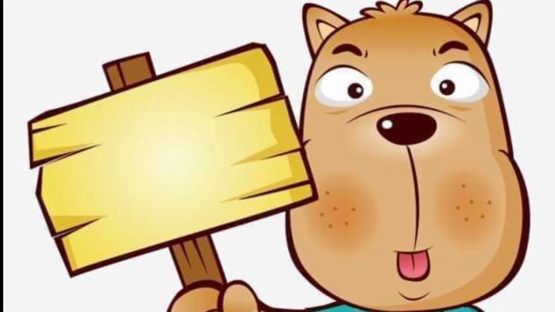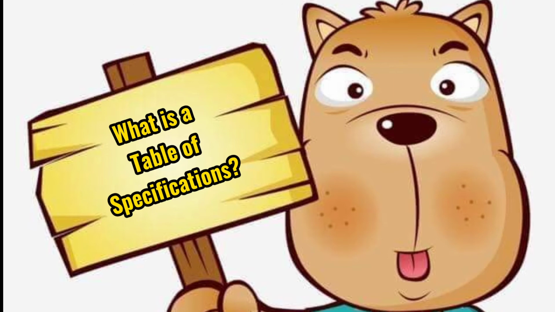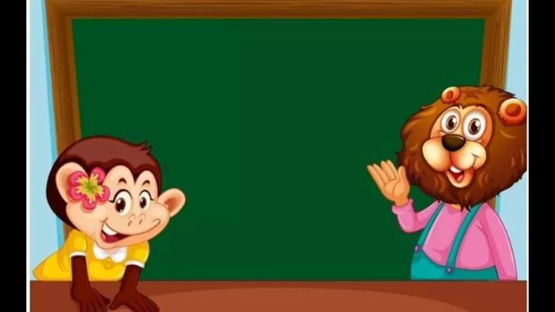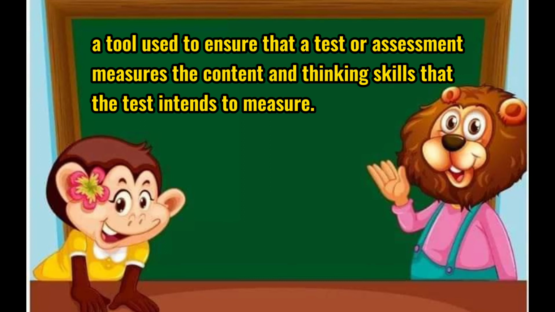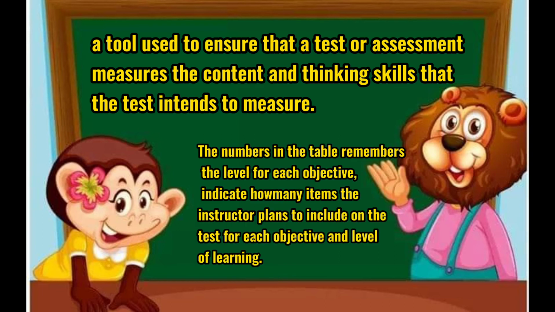Now let's move on to the third topic, which is what is a table of specifications. A table of specifications is a tool used to ensure that a test or assessment measures the content and thinking skills that the test intends to measure. So the numbers in the table indicate how many items the instructor plans to include on the test for each objective and level of learning.